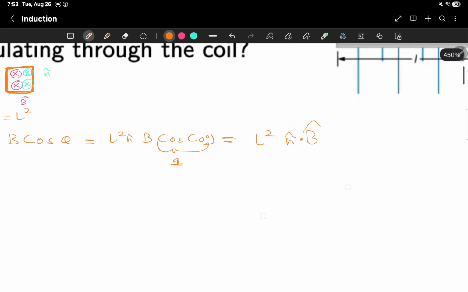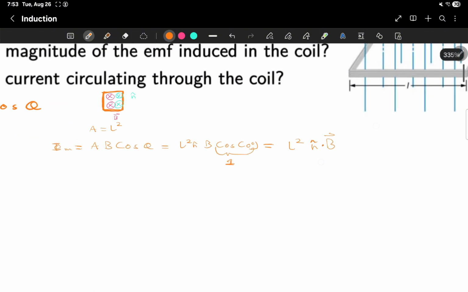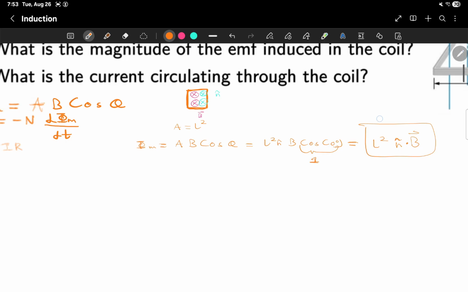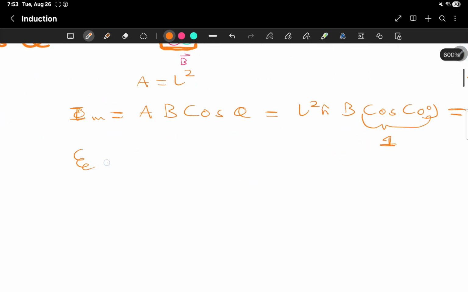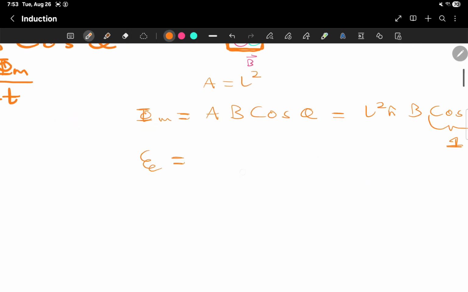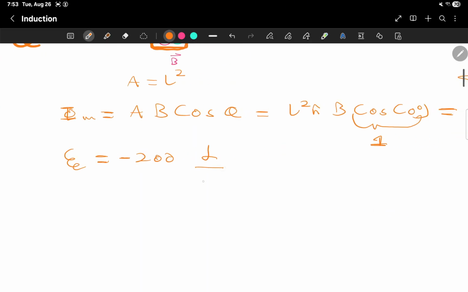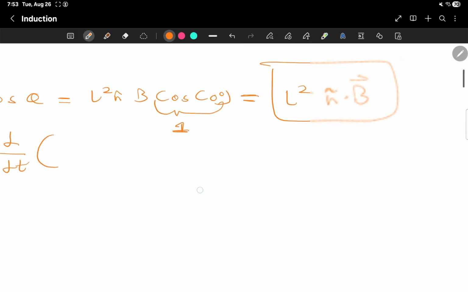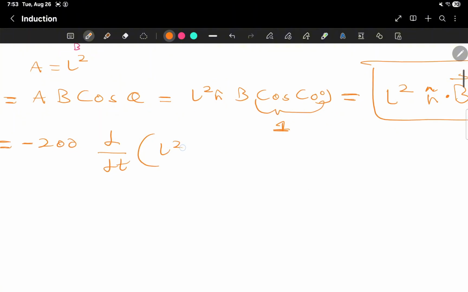So there we go, we have the simplified version. n hat and then the magnetic field vector. So that's a simplified form of the equation. Now EMF is equal to, I'll use this formula, so minus N, minus 200 turns. And then I'm just going to take the derivative of that equation I found for the magnetic flux, which is just L squared times the normal vector dotted with the magnetic field vector.